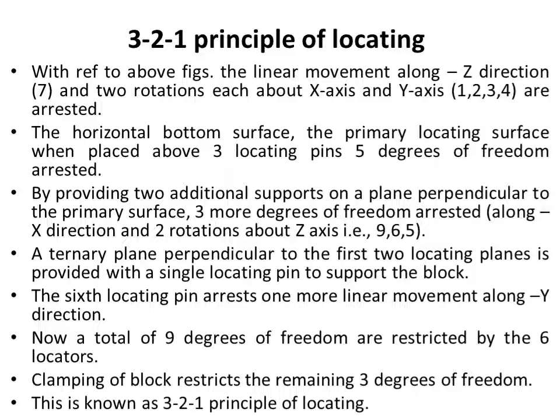Now clamping of the block restricts the remaining 3 degrees of freedom. We have to provide some clamping. This is known as the 3-2-1 principle, and that is how the component is firmly fixed onto the fixture before the machining takes place. The clamp is always provided in a direction which is opposite to the cutting force, so that the position of the component will not get affected even if a heavy cutting force comes on the component.